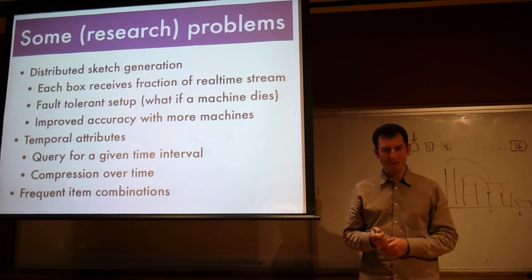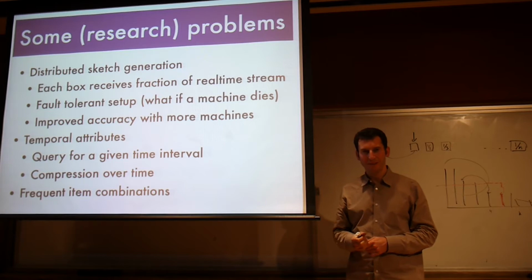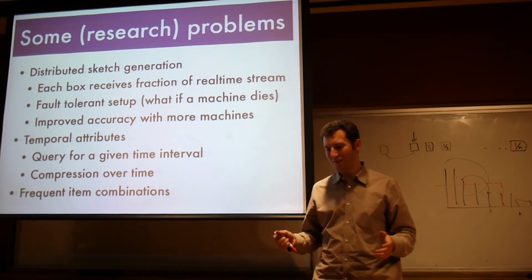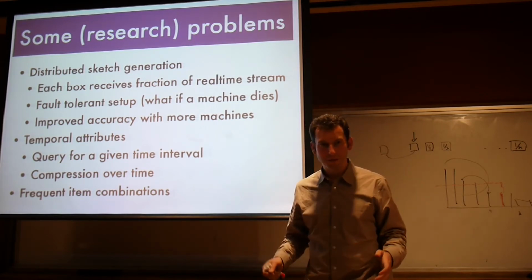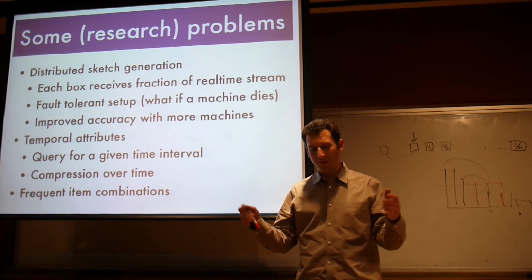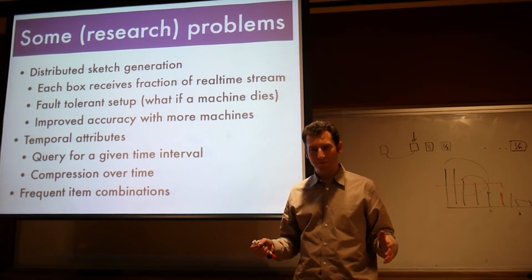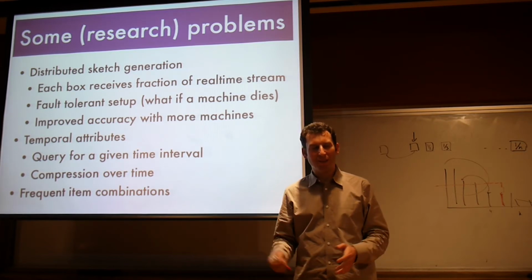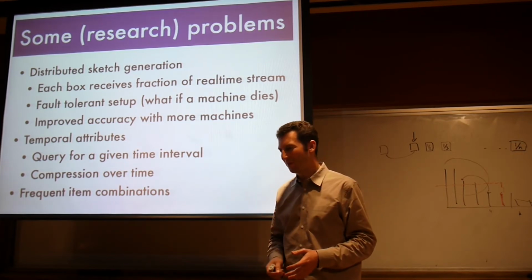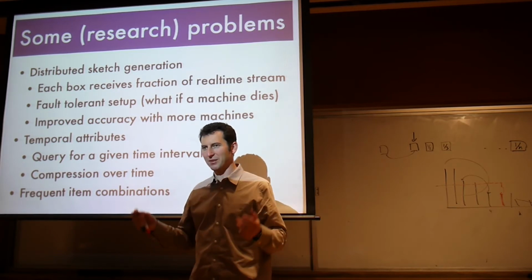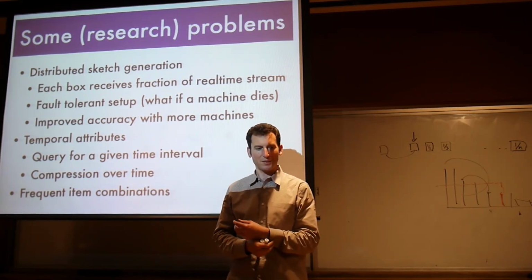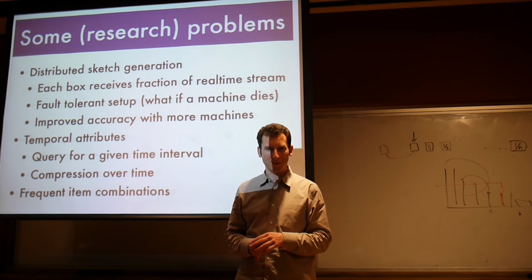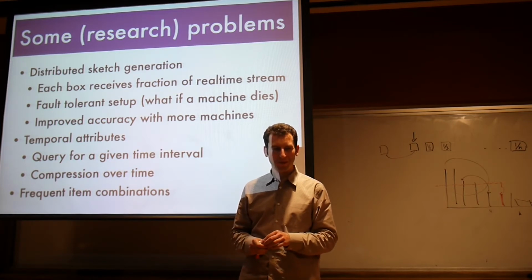And you want to have a setup that is fault tolerant insofar as if one of your machines dies and you still want to roll out your super duper web analytics tool, if a user comes along and he gets a report saying, well, sorry, we can't actually give you your data because our machine died, you lose that customer for good, and probably another few customers. So you don't want that.